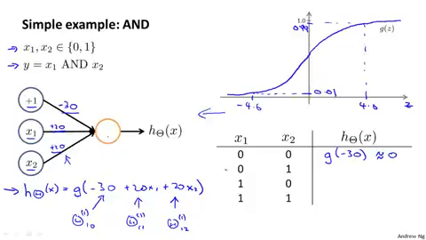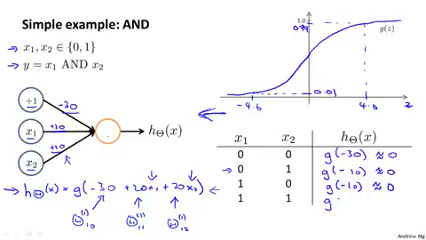If x1 equals 0 and x2 equals 1, then this formula evaluates to g of minus 10, the sigmoid function applied to minus 10. And again, that's to the far left of this plot, so that's again very close to 0. This is also g of minus 10, that is if x1 is equal to 1 and x2 is 0, this is minus 30 plus 20, which is minus 10. And finally, if x1 equals 1 and x2 equals 1, then you have g of minus 30 plus 20 plus 20.